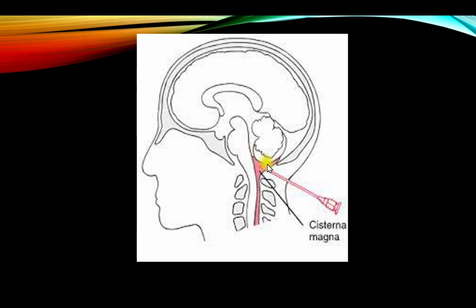You can see it lies underneath the cerebellum here and dorsal to the medulla. In the olden days, I knew a neurologist 25 years ago who still performed cisternal taps, where he would take spinal fluid out of this cisterna magna. And I'm not aware of anyone that's doing those nowadays because you can imagine there's a safety issue with that.